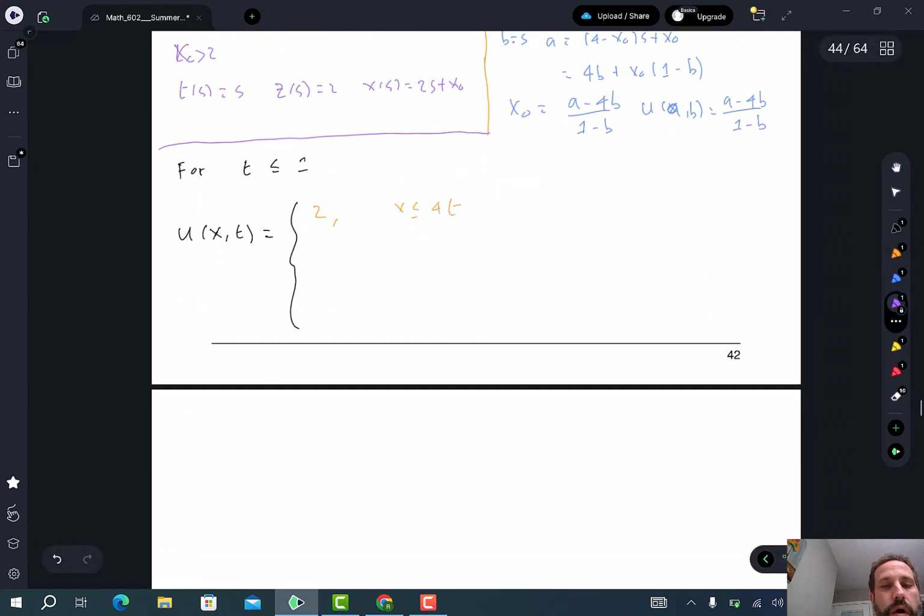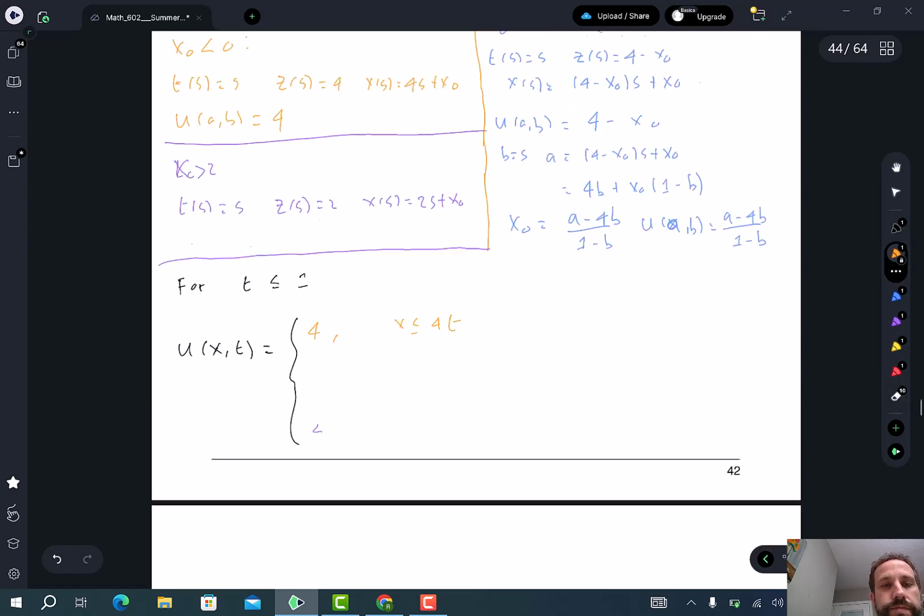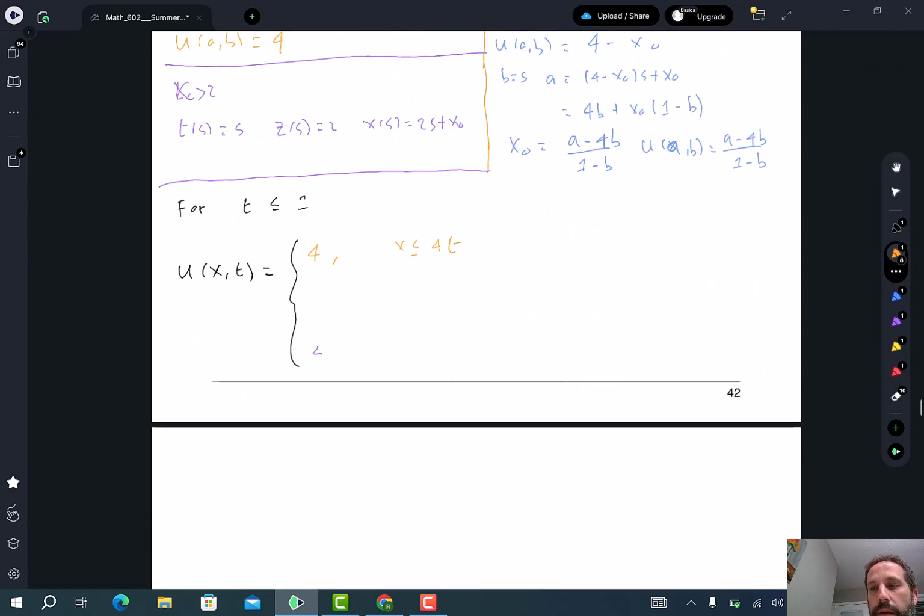Okay, for the purple part, it's going to be equal to 4 here, not 2. It's going to be equal to 4 here. And it's going to be equal to 2 in the purple part.